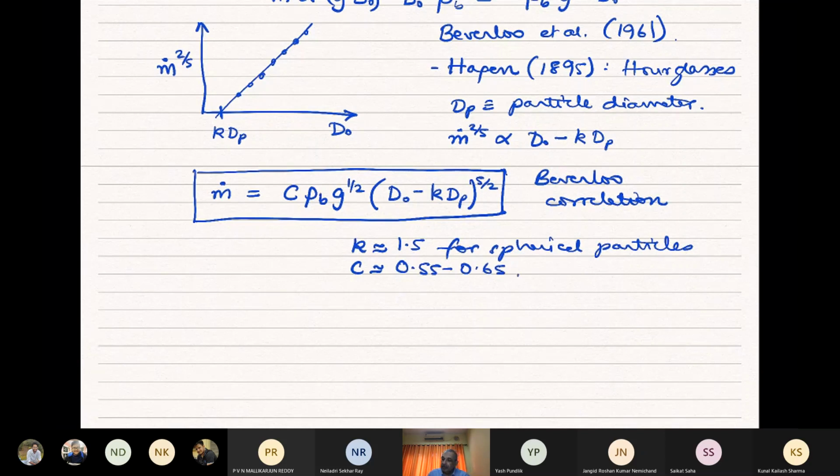Okay. So this is very useful. You can easily find the flow rate out of this hopper using a simple equation.